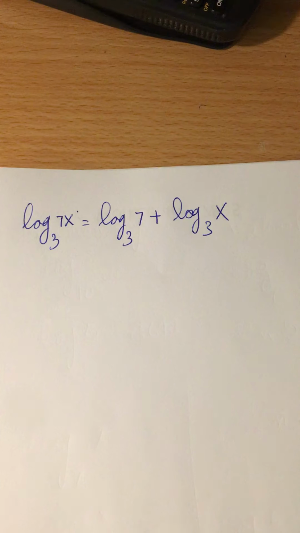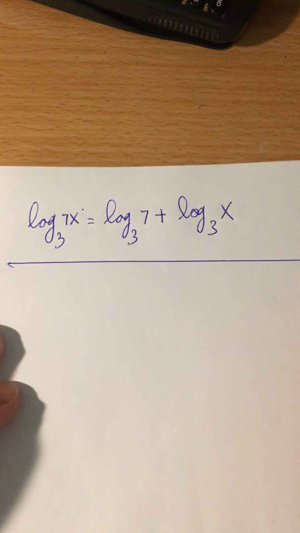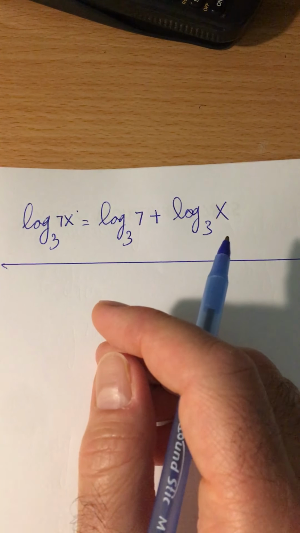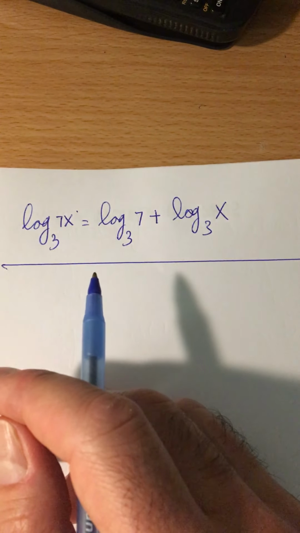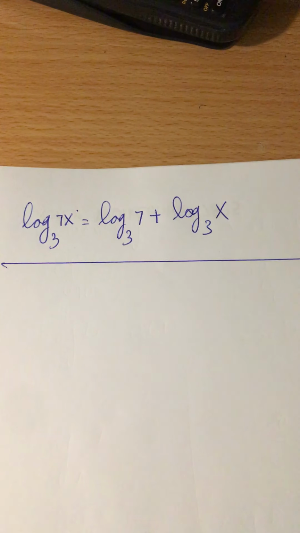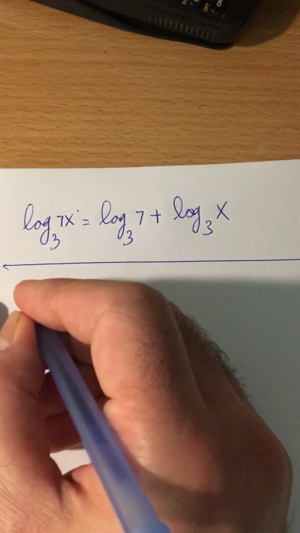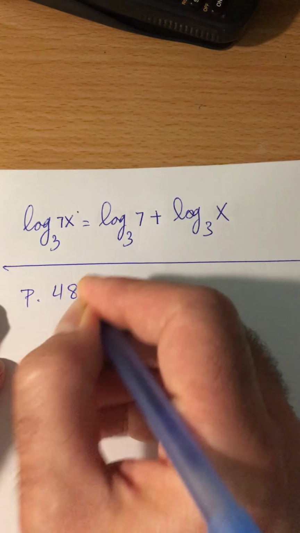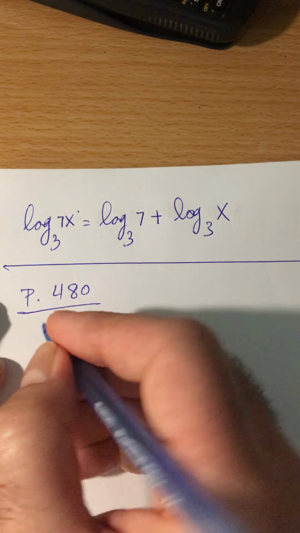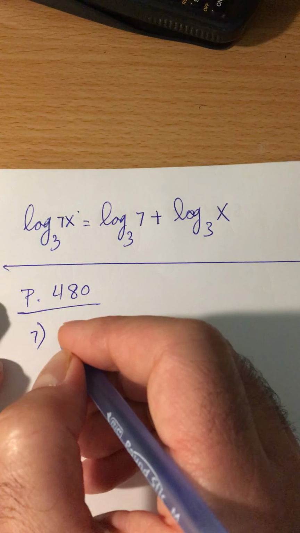So that was properties of logarithms. Now let's talk about solving log equations. I have three examples I would like to go over. On page 480, let's look at number 7.